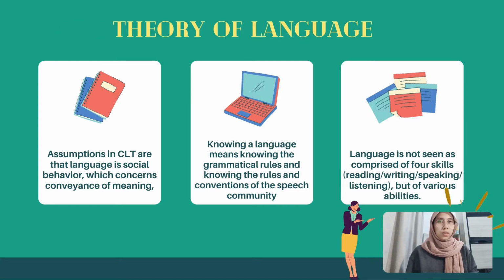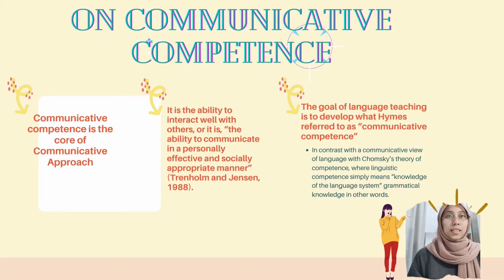And knowing a language means knowing the grammatical rules and knowing the rules and conventions of the speech community, which is language is not seen as comprised of 4 skills, which are reading, writing, speaking, and also listening, but of various abilities.